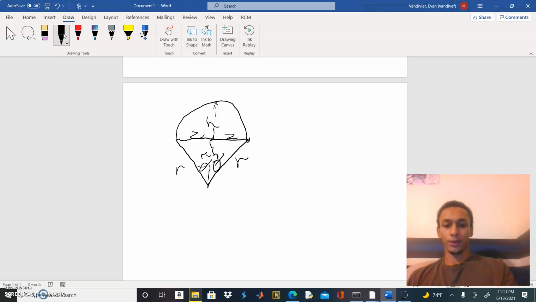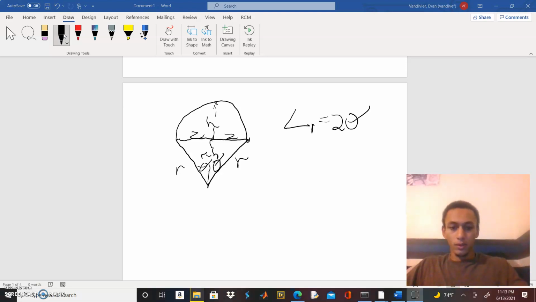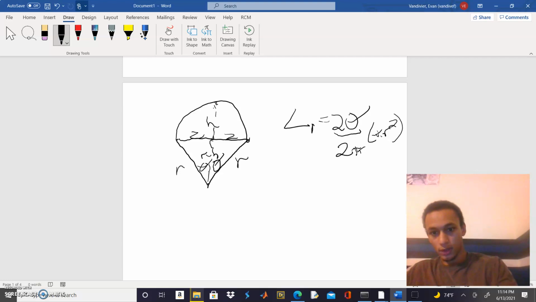This whole entire arc length is equal to 2 theta divided by the radians in a circle, 2 pi, times the area, pi r squared.